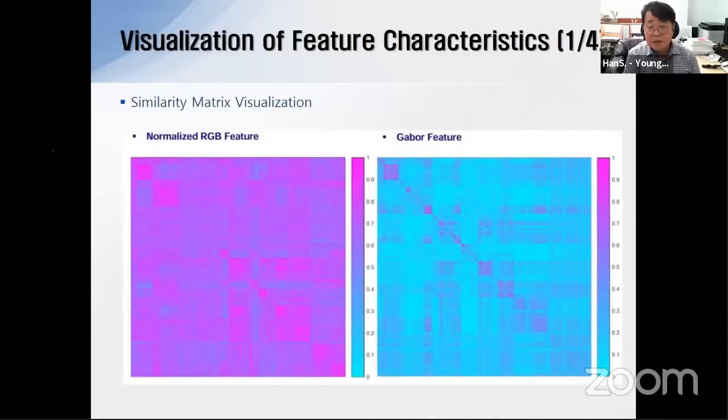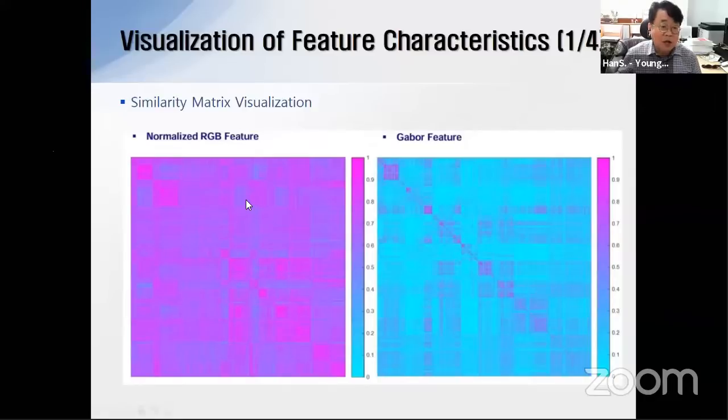To compare the strengths of the features from the convolutional neural net, I made a self-similarity matrix. The rows and columns represent the objects, and if the feature is effective, then we can find the object classes inside the self-similarity matrix.